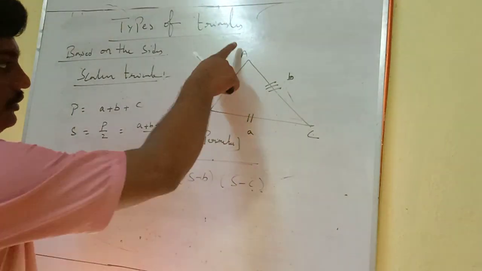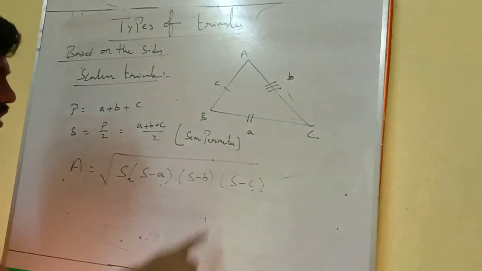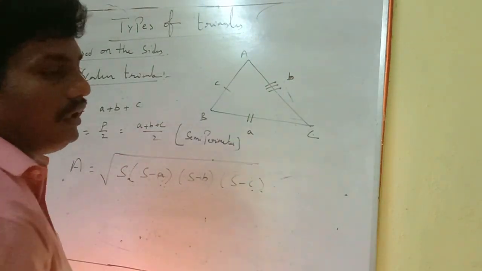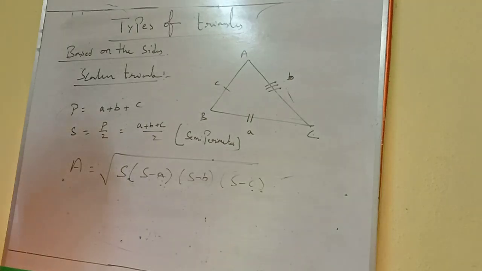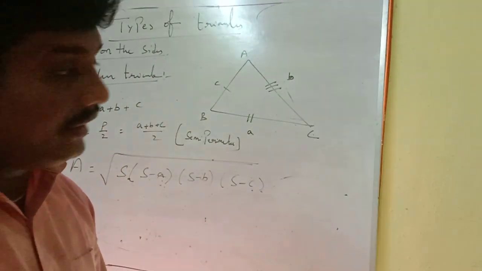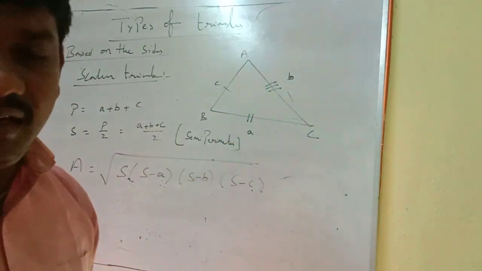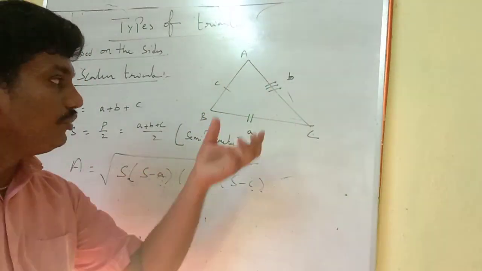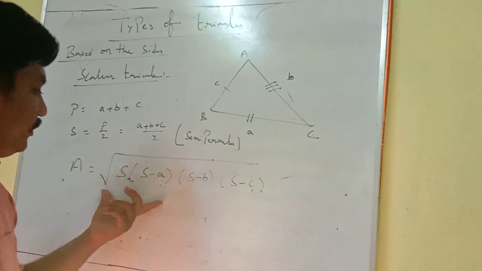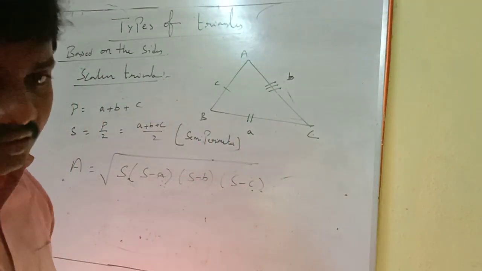Small a is the side opposite to capital A, small b is the side opposite to capital B, and small c is the side opposite to capital C. We can use this formula to find the area of any type of triangle when three sides are given.